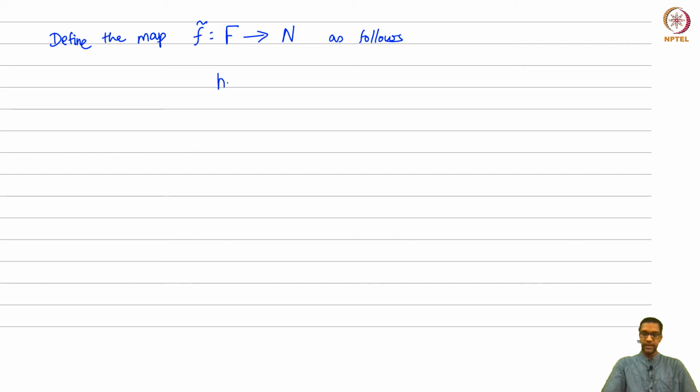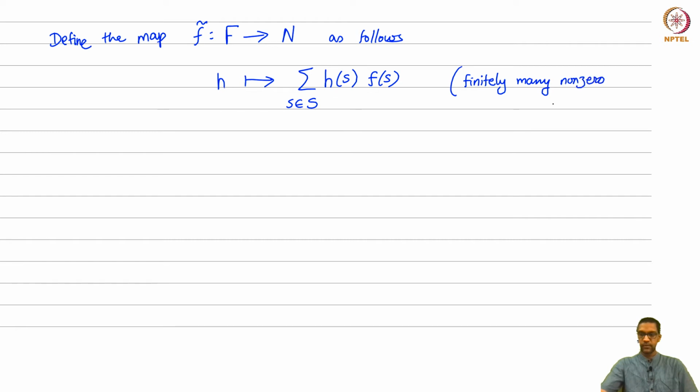Given any element h of F, I will map it to the summation of h(s) f(s), with s belonging to S. Again, observe that this sum has only finitely many non-zero terms, because the element h has only finite support.